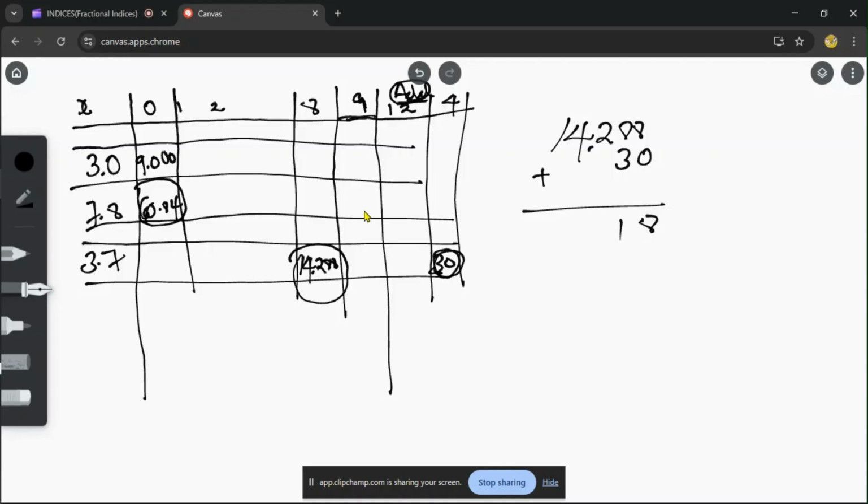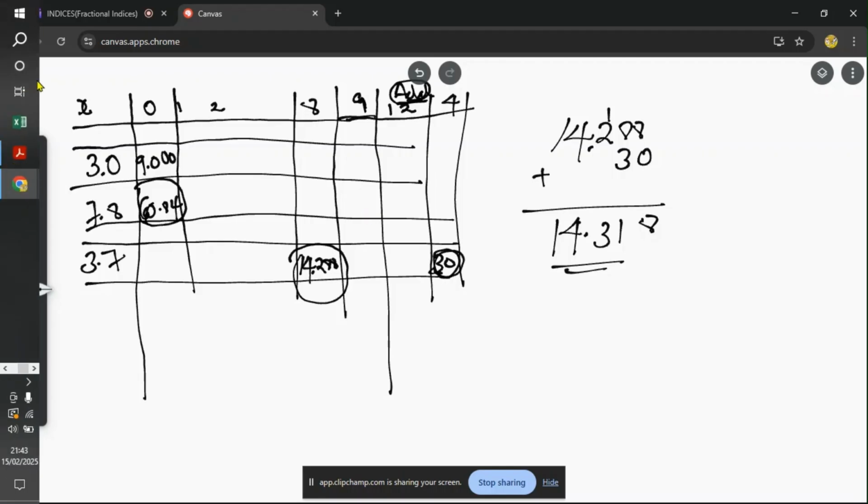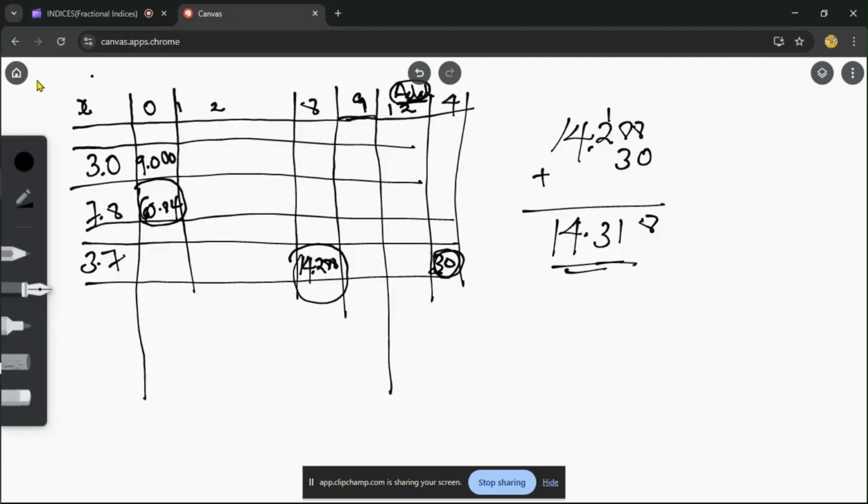We are having 11, carry 1. Then here you have 14. So this is my answer. I'll come here and write the answer to what we are having here. This is our answer.